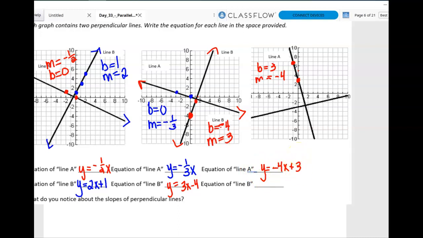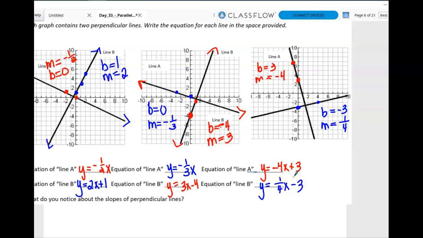Now the next one, our y-intercept is at -3, and our slope, we rise 1 and run 4, so our slope is 1/4. So we can write the equation of that line as y equals 1/4 x minus 3.